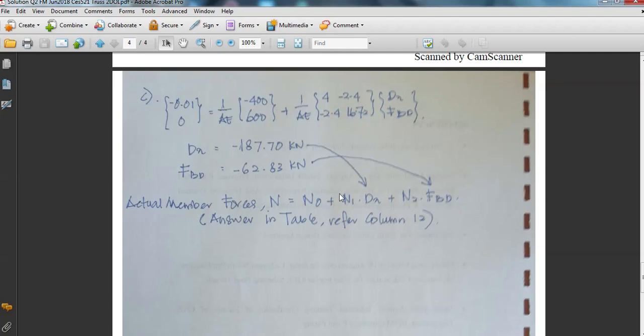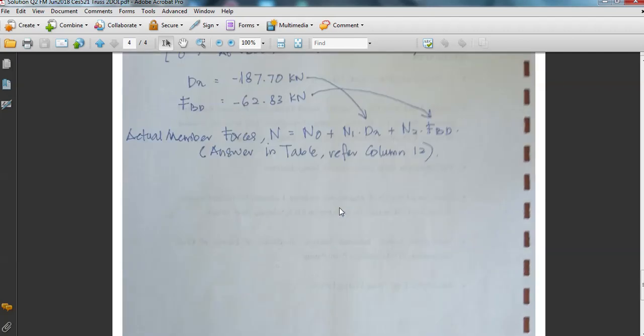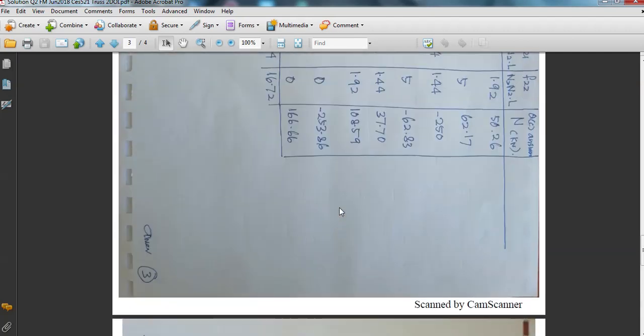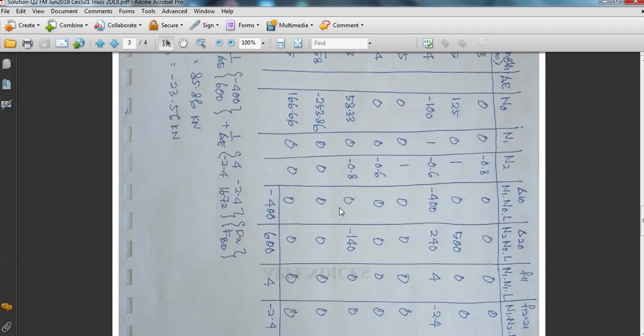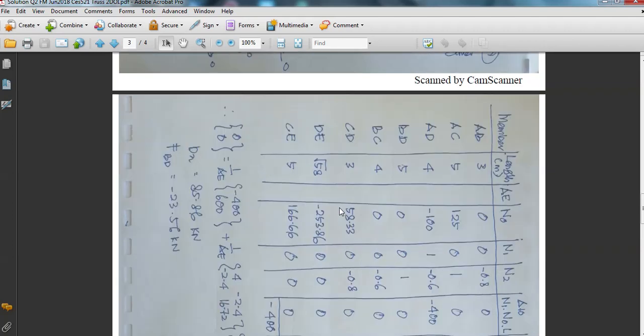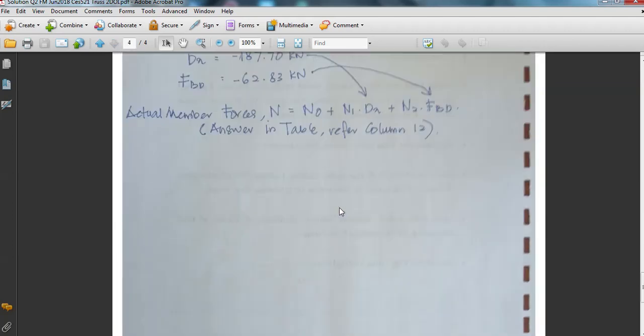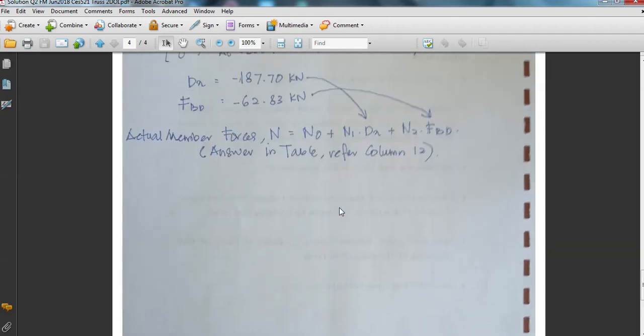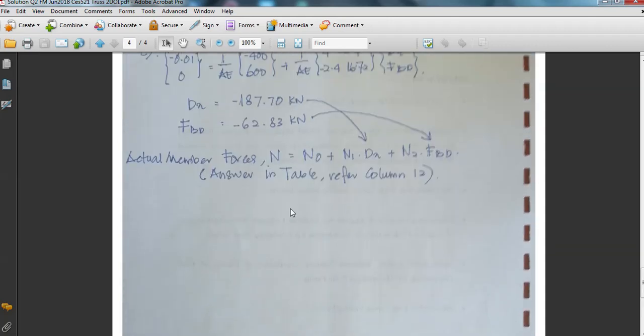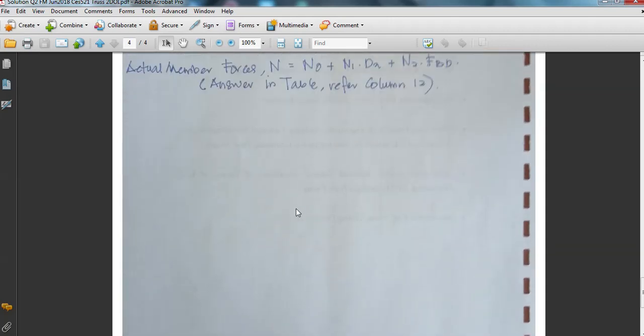Okay, when they have support movement, you recalculate. So you have not mentioned here, I think. So better you calculate by yourself, and you can tabulate your answer here.